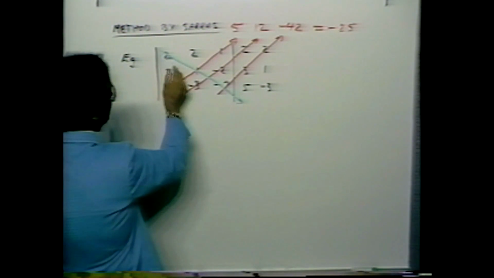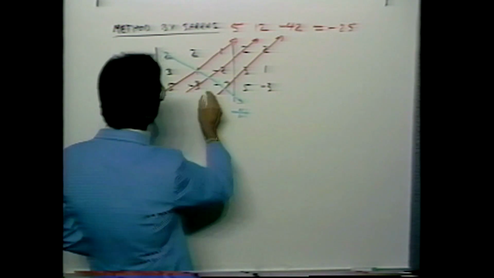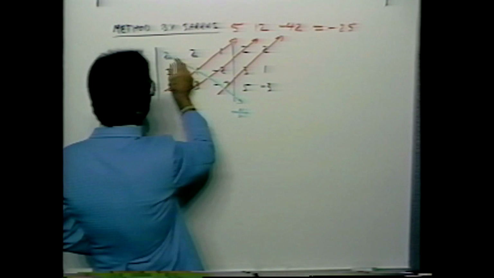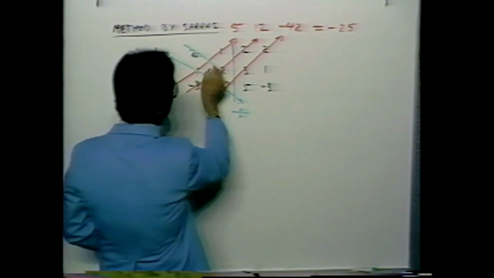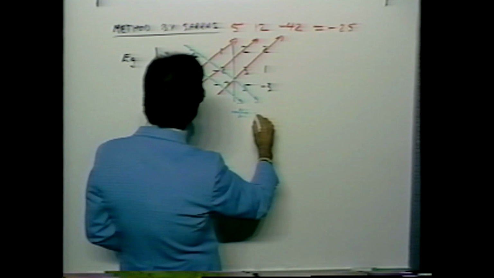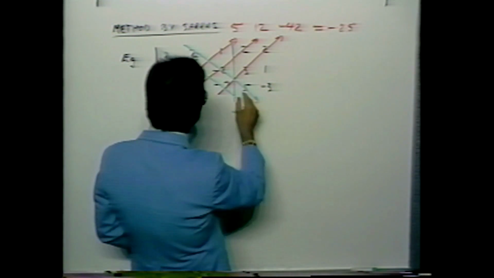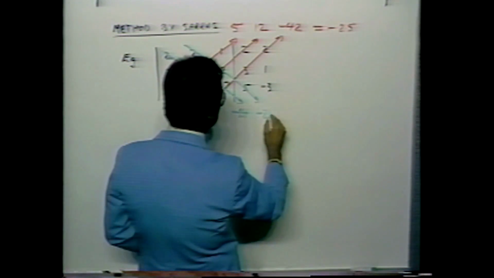You end up with the product minus 14. For that, the next diagonal of 3 numbers are multiplied along here, and the answer is minus 20. 2 times minus 2 is minus 4 times 5 is minus 20.